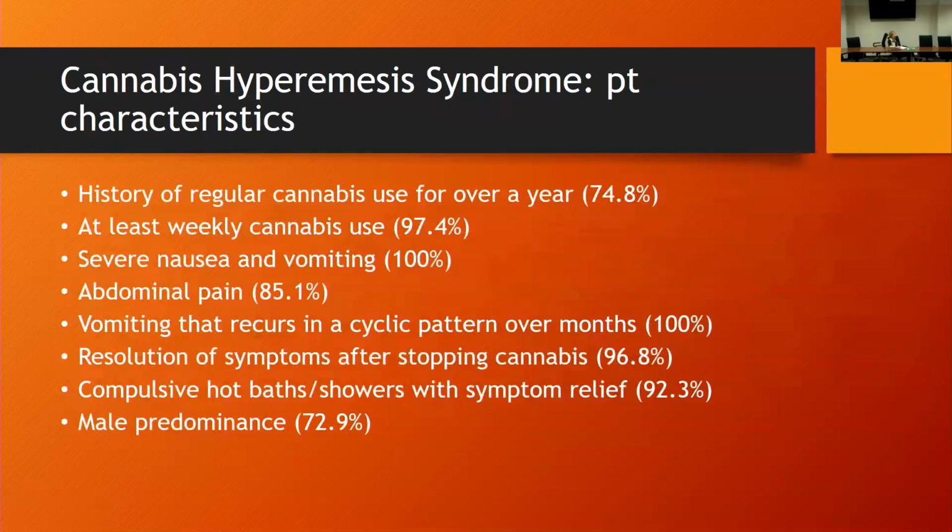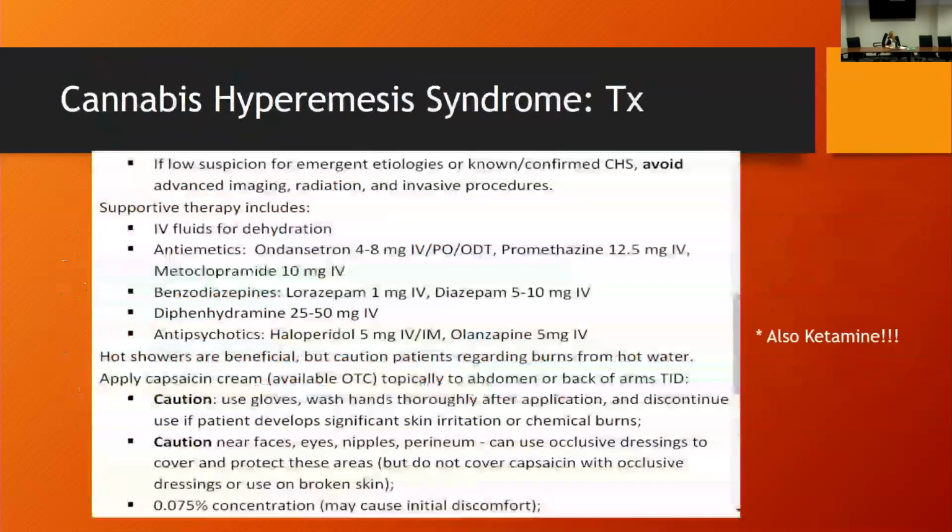And the only thing that really cures it is stopping it. But the other thing in the history is they use their family's hot water completely because they stay in these showers for hours, and it's cyclic. And they keep coming back, and fluids, Zofran, but most importantly, Haldol.